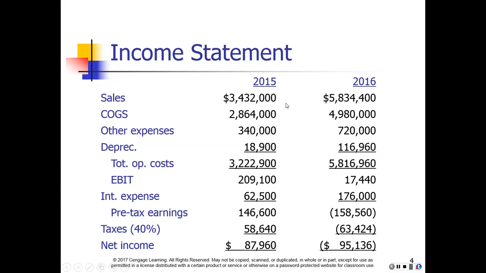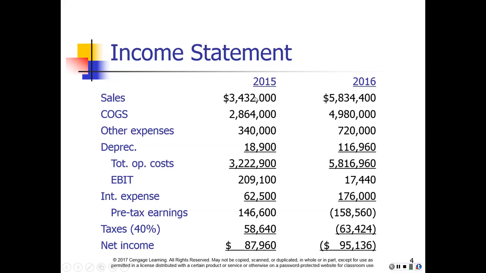and just to look at the structure of the income statement, right? The income statement is structured such that we start with the amount of revenues the company generates by selling. So it's 2015, it's 3,432,000, right?